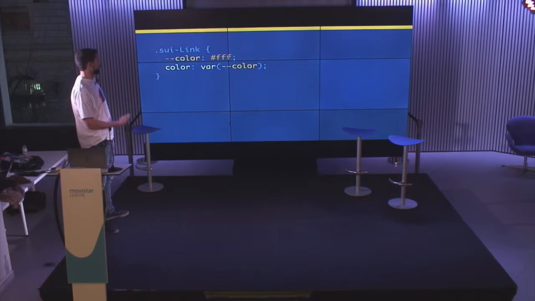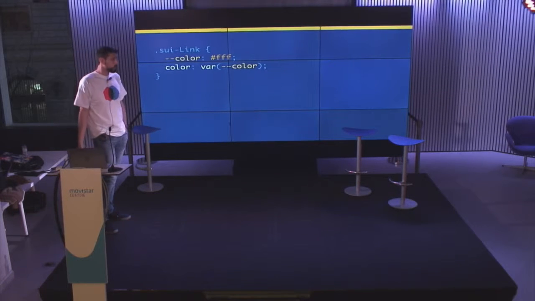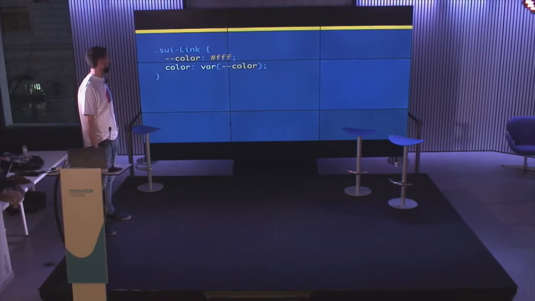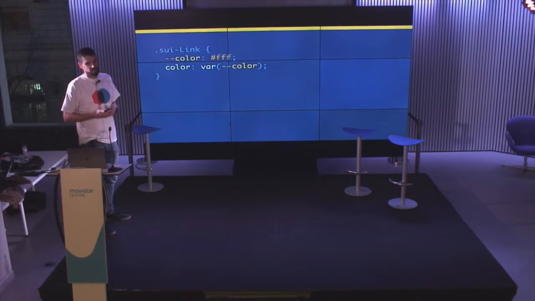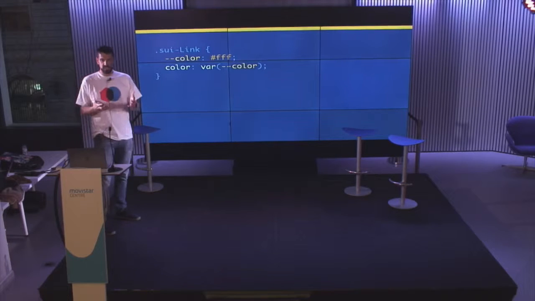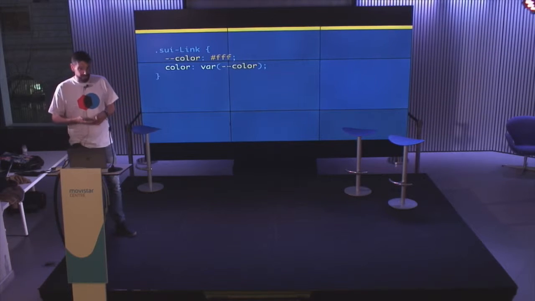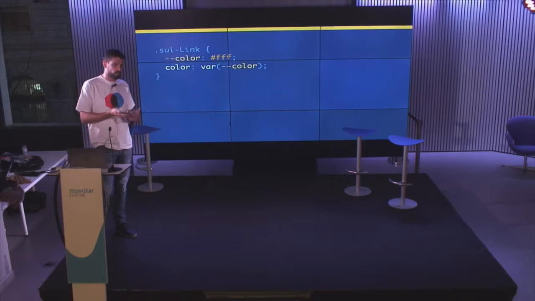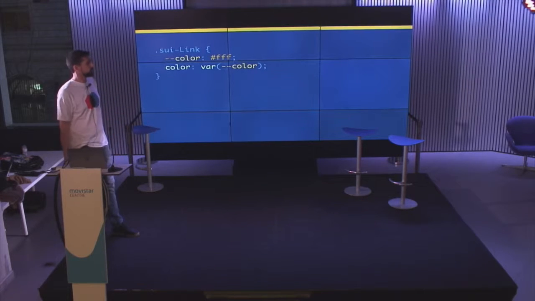You can see here a selector for a link component. It's a simple example that uses a custom property named color and a CSS property color that uses the custom property. This is the very, very simple usage of a custom property.